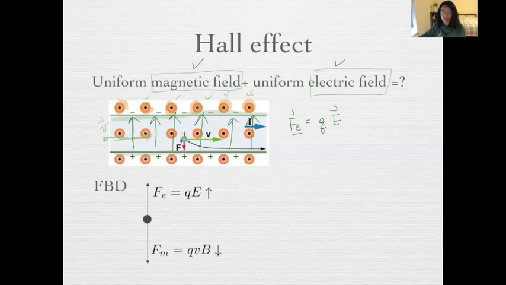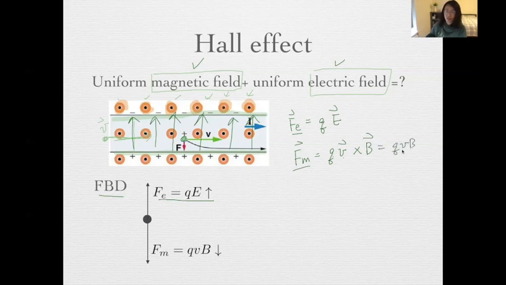So if I draw the free body diagram, you can see my particle will feel electric force going upward. And then because it's a moving charge, it's gonna feel the magnetic force as well. The magnitude is just QVB.